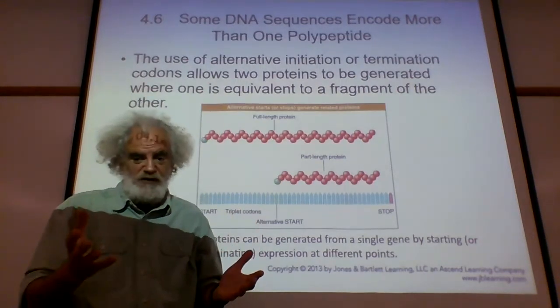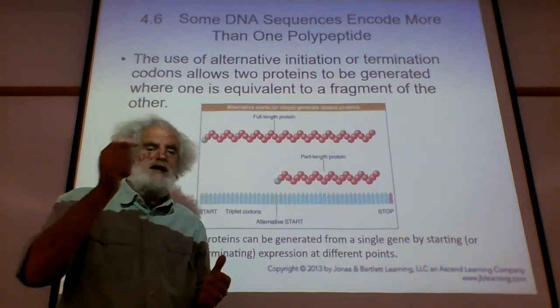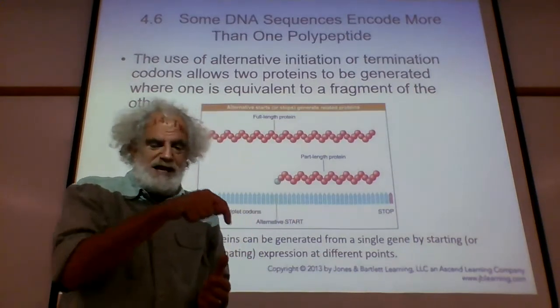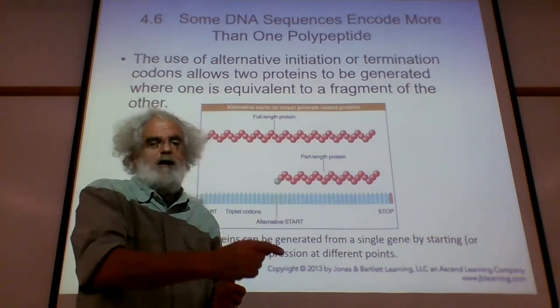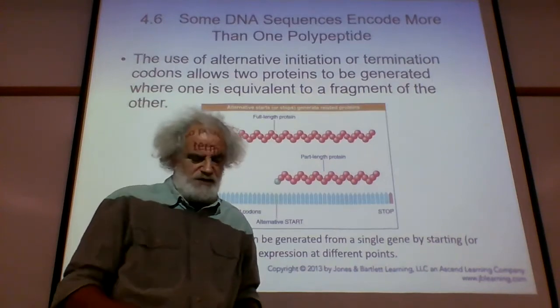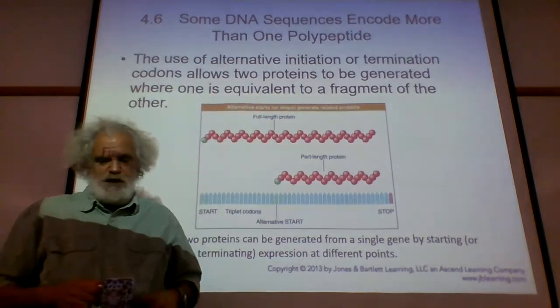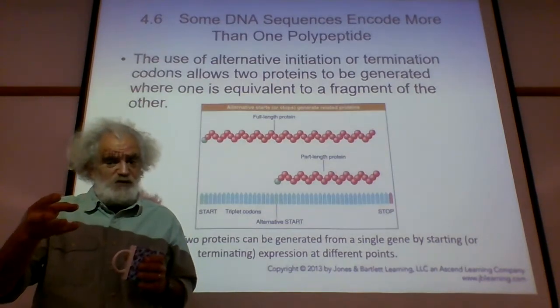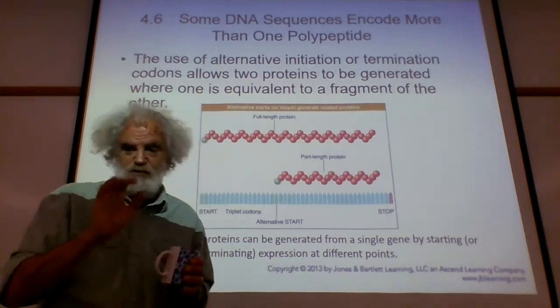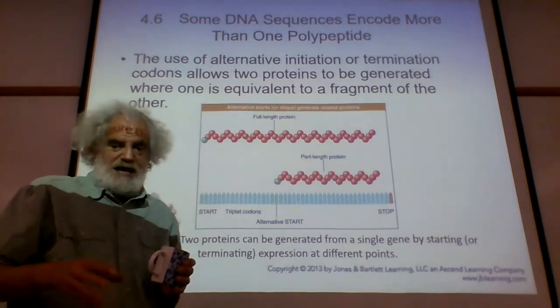It's called the signal sequence. That's what directs a protein to be translated into the ER and then make its way into the Golgi. So this is the protein localization sequence that's going to direct a protein into a very specific spot in the cell.